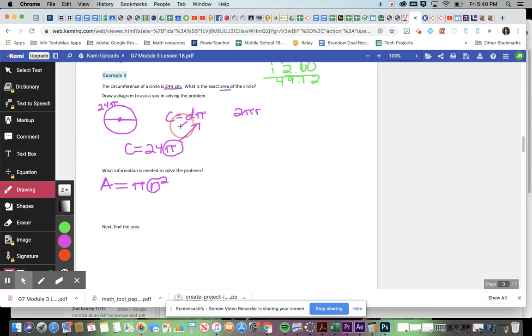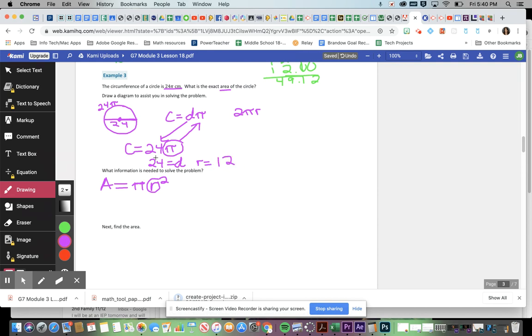So I can tell that this 24 has to be my diameter because it's already written in this form. So 24 is my diameter. So my radius, if this whole thing is 24, half of it, the radius, is 12.